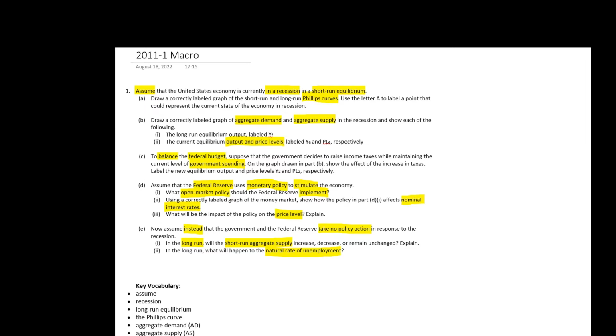Remember, the LRAS, the long-run aggregate supply curve, is a vertical up and down curve. So that intersection, where those lines cross, will be located to the left of the LRAS, which is a pretty common starting point. Part A also mentions the Phillips curve. We'll look at that in a moment.